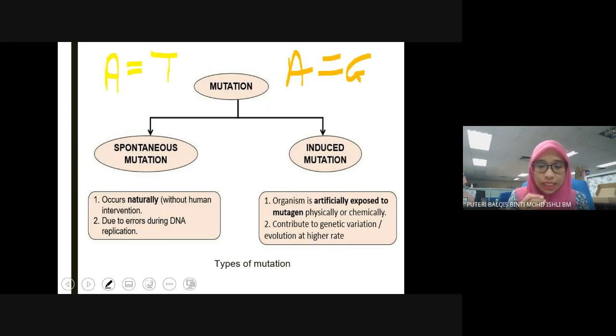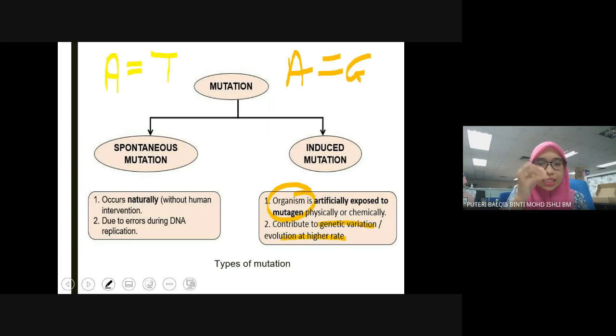Induced mutation, this is artificially. Okay, artificially it exposed to mutation. Mutation, it is physically or chemically. It contribute to genetic variation, evolution at higher rate. So induced mutation ni adalah organism tu kita dah expose kepada mutation. Mutation tu boleh jadi physical ataupun chemical.